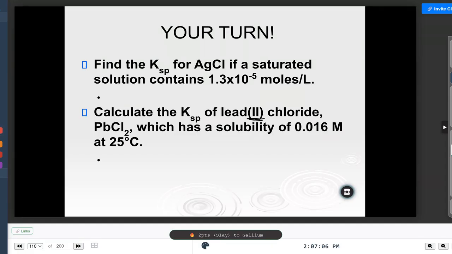Where's the work? So for each of these, you should be showing the dissociation equation and then the KSP, and then plug in the values for your KSP components.